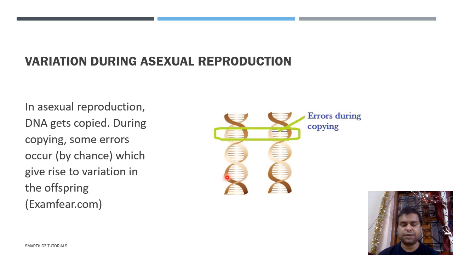If you notice over here, this tries to show you the copying process, and there is a blue line over here, and that shows you there is an error. It means it has been misread, or some error has been caused because of certain genetic changes caused either by environmental factors or non-environmental factors.